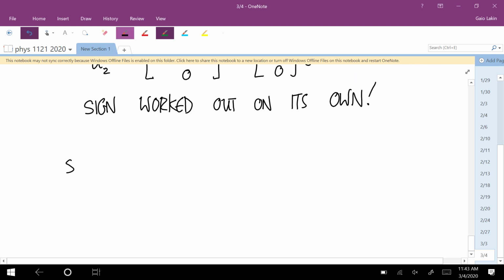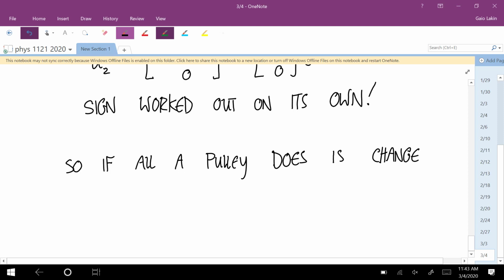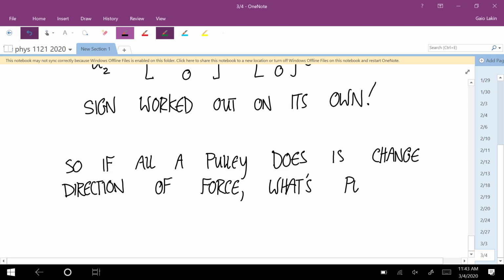Okay, so if all a pulley does is change the direction of a force, then what's pulley advantage?